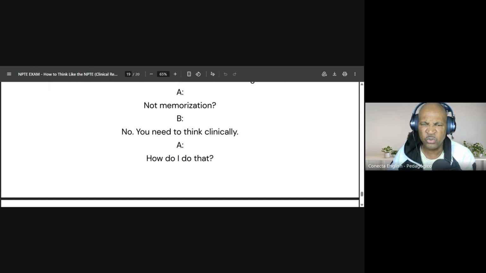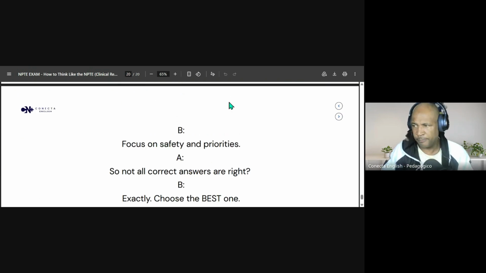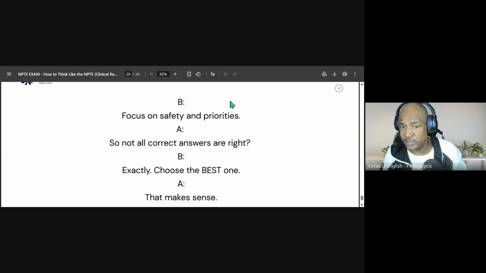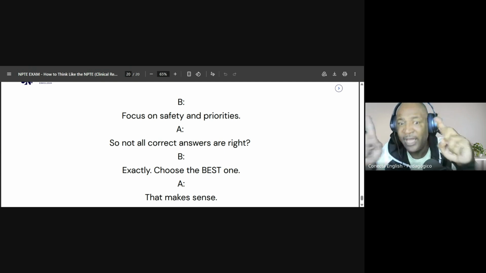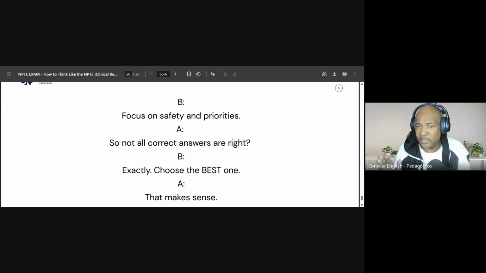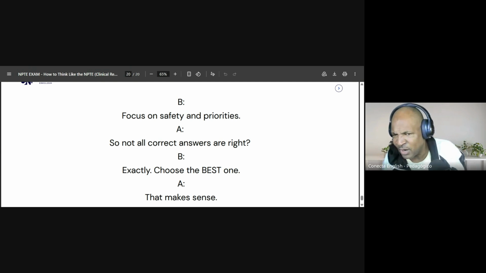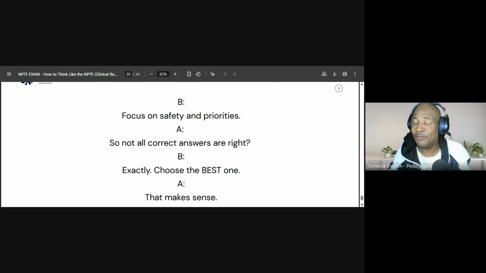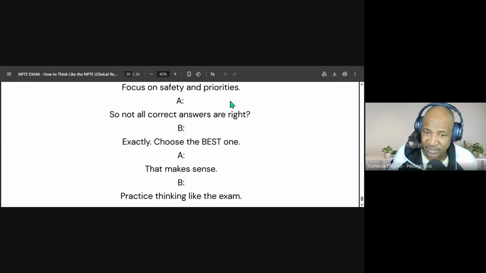But how do I do that? Well, focus on safety and priorities. Your number one priority is the patient safety. So not all correct answers are right. You need to choose the best answer.